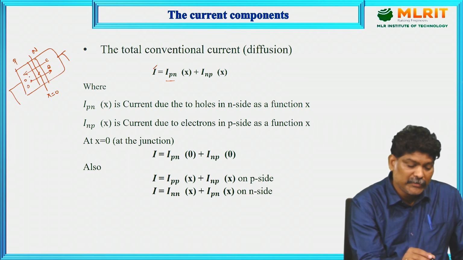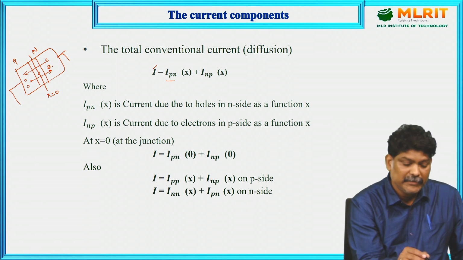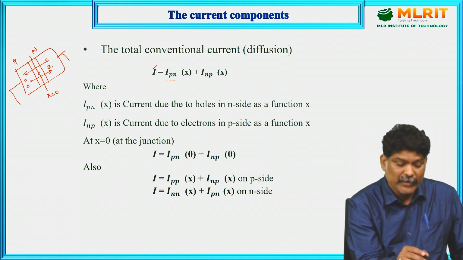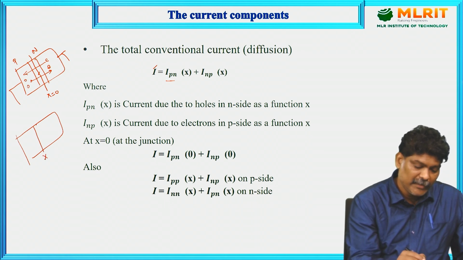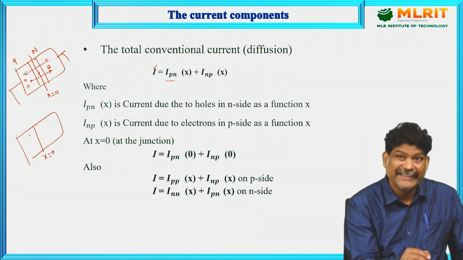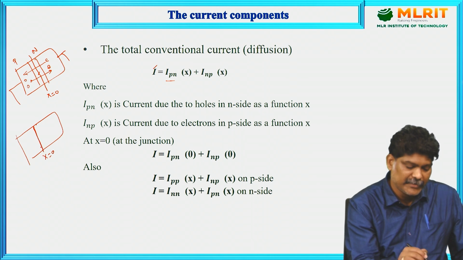Whenever the holes from the P side diffuse towards the N side, the concentration of those holes will reduce exponentially. Let me draw another one to show how it looks. This is the x is equal to 0 point at the junction, the barrier junction. From here holes will move towards the N side, so their concentration will decrease.